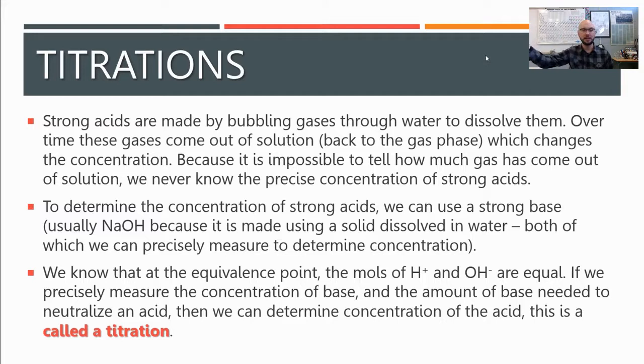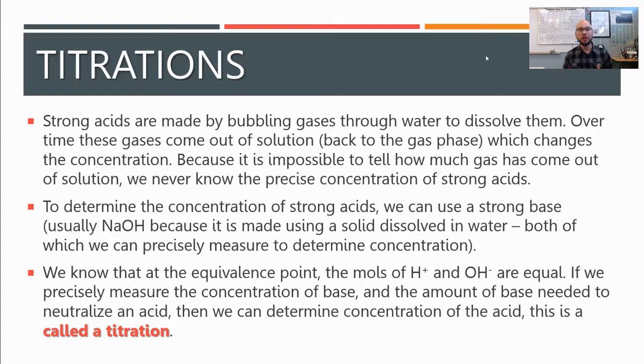Over time, as it sits in our chemical storage room, the hydrogen chloride comes out of solution, so the concentration changes and we don't know what it is. That becomes really important because if we're going to do an experiment with it, we want to make sure that we know the concentration of the chemicals we're using because it'll affect our results.